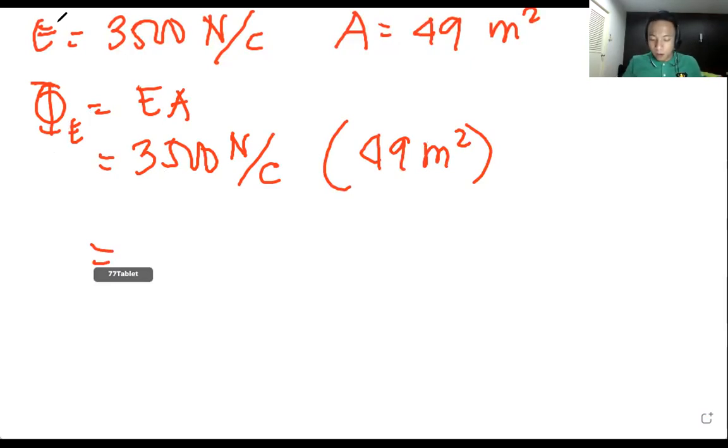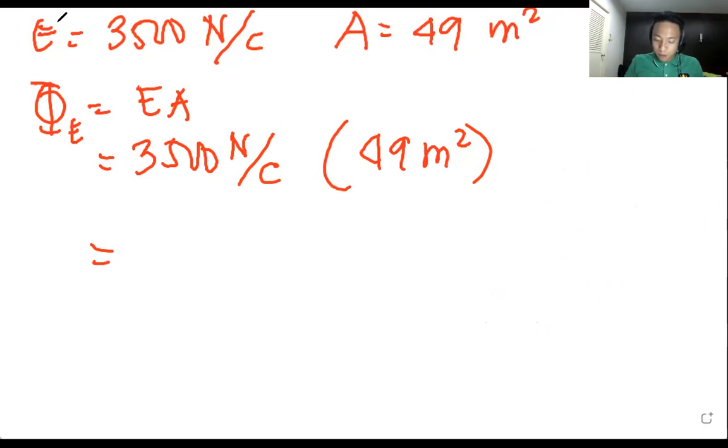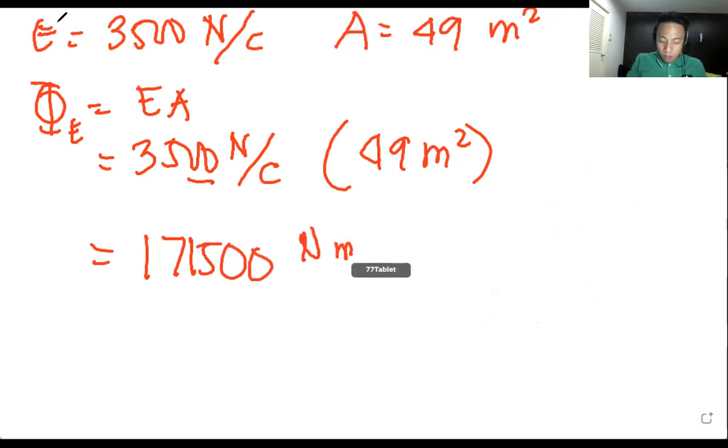What is 35 times 49? We have 1715, and we have two zeros, so 171,500 newton meter squared over coulomb.